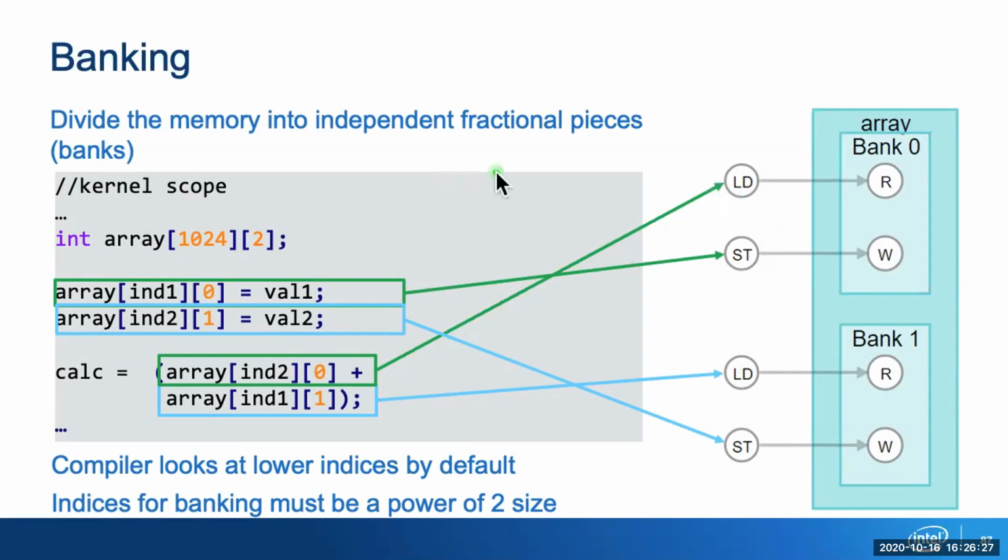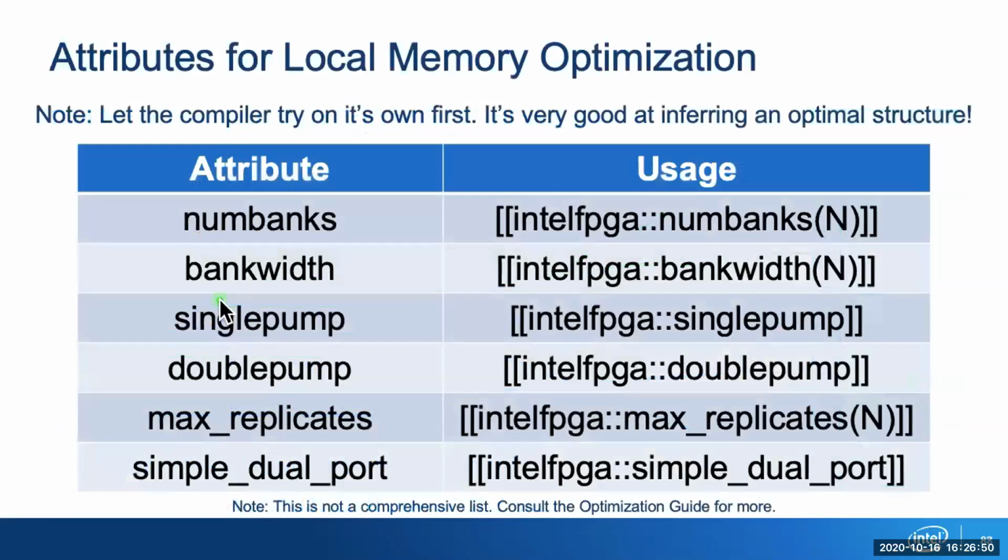This is another improvement that we can do, dividing memory into independent pieces. Here we have to rewrite our code in the parts that are related to the star access, but sometimes we need to do that.